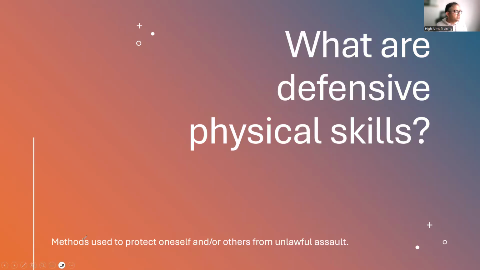Now, what are defensive physical skills? Defensive physical skills are methods used to protect oneself and or others from unlawful assault. So that's one thing.